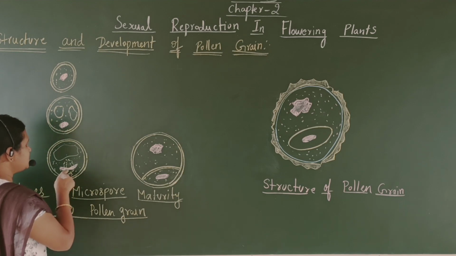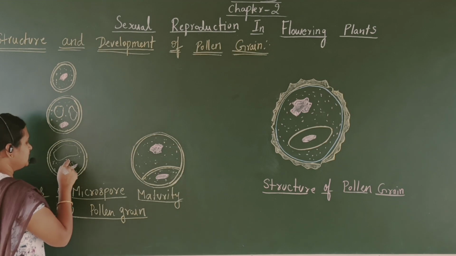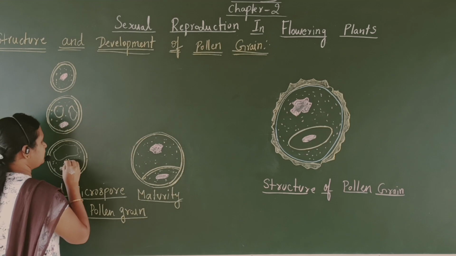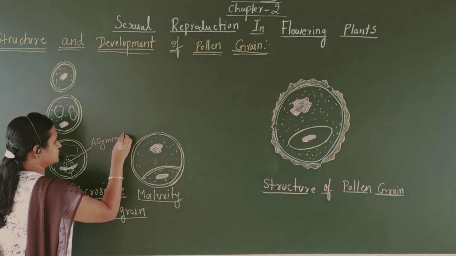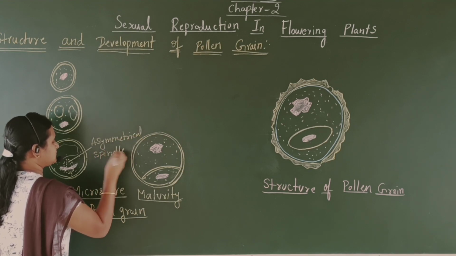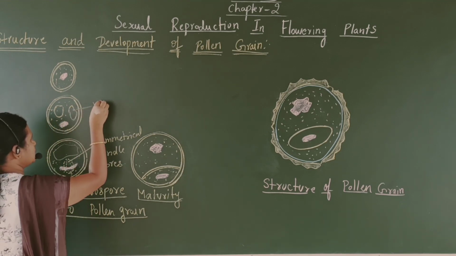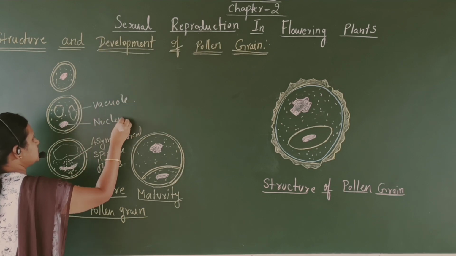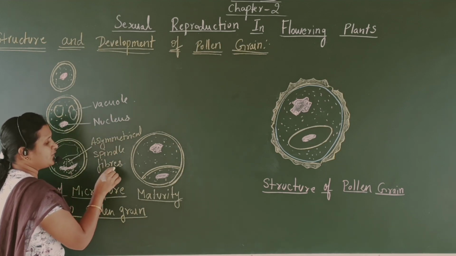As a result of the mitotic division, spindle fibers will be formed, and these are called asymmetrical spindle fibers. These are the vacuoles, and the nucleus is pushed to one side of the cell and undergoes division.